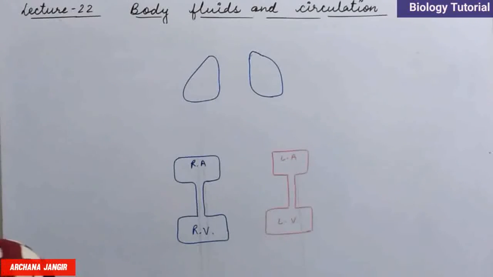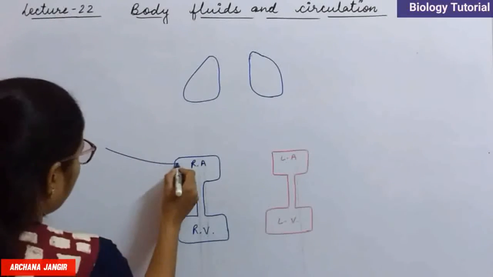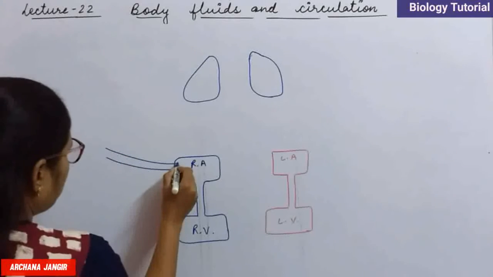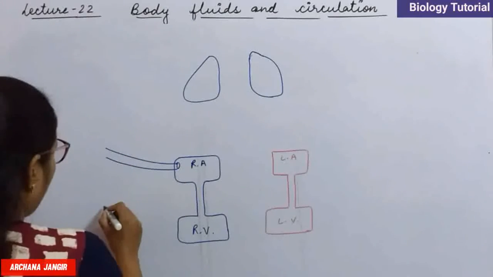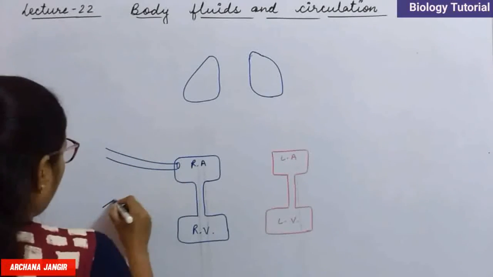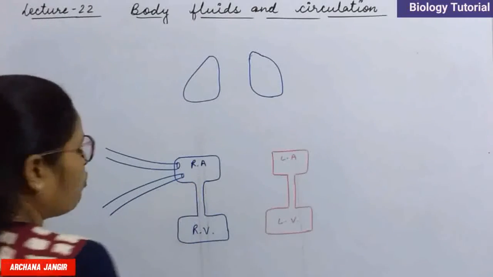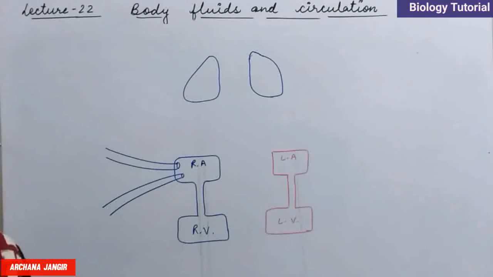Now the right auricle receives deoxygenated blood from the superior and inferior vena cava. This is the superior vena cava which brings deoxygenated blood from the upper part of the body, and this is the inferior vena cava which brings deoxygenated blood from the lower part of the body.